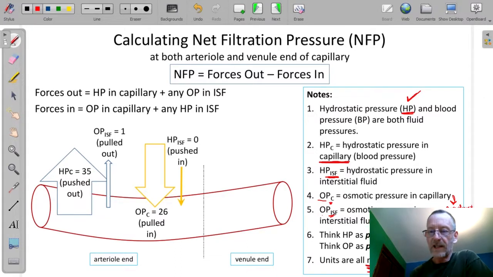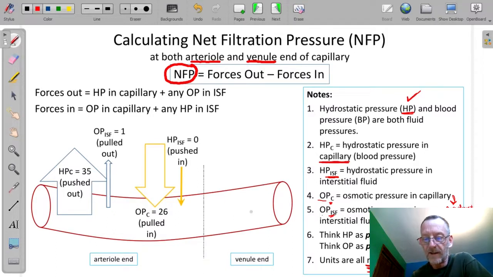So what we're going to be looking at, here's the basic formula. This is how I like to think about it. I think it's easiest. We want the net, the overall filtration pressure. And we're going to do that at both the arterial end, and then we're going to calculate it again for the venule end of the capillary. And I've divided the capillary up in the figure on the slide, the left and the right. And what's shown is the arterial end of the capillary.